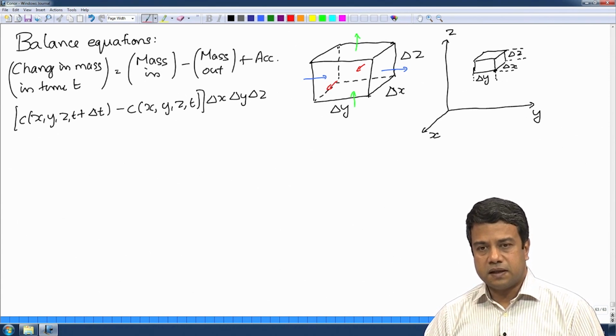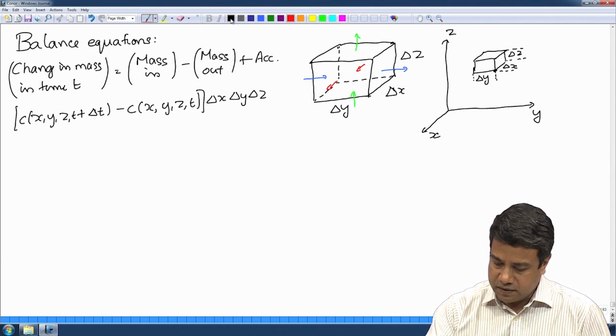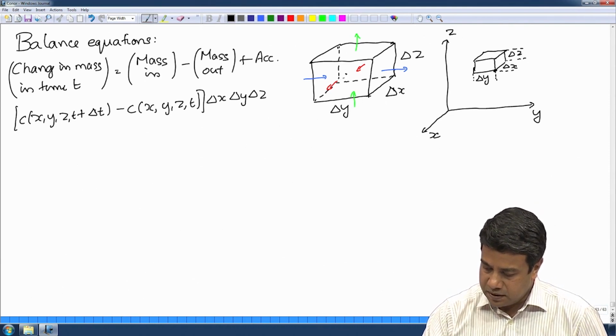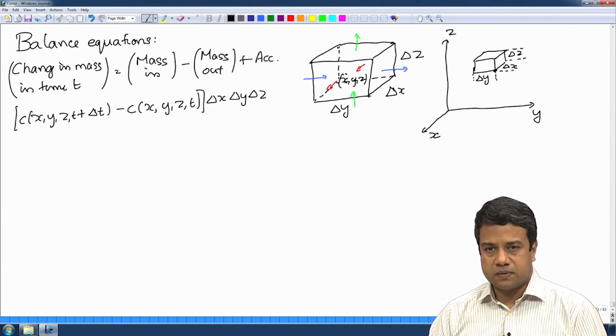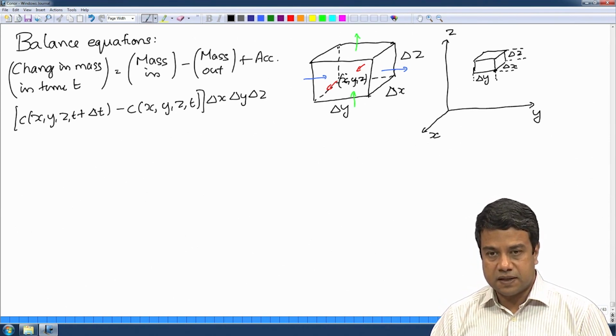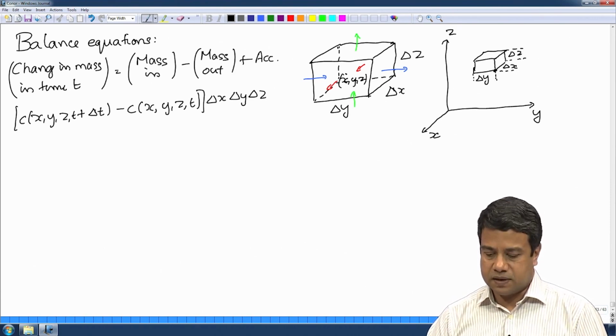Let us take the left and the right surfaces first. I will put the center of the differential volume at x, y, z. Therefore, the surface on the left is the surface at x, y minus delta y by 2 and z, because I put the center of the differential volume at x, y and z.